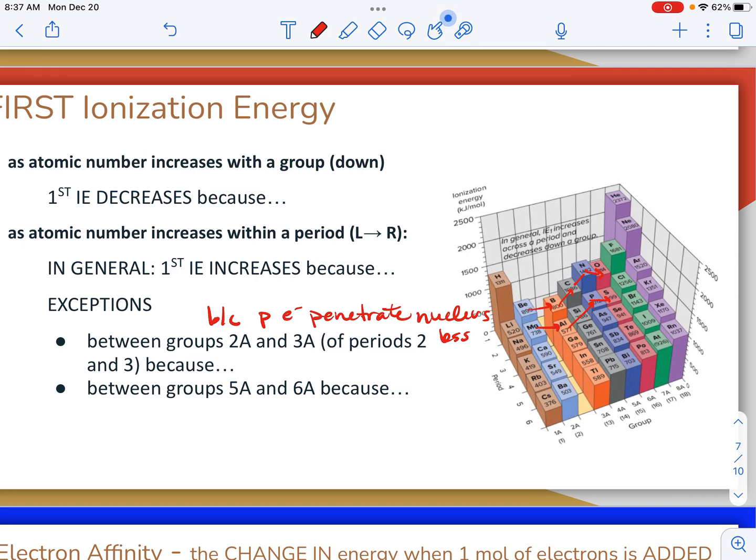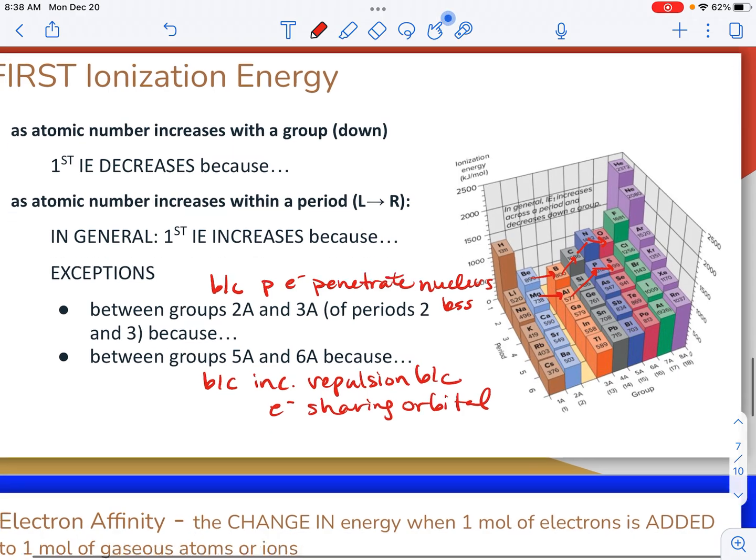Once it's there, now you add a proton, and your comparison is to the same basic idea with an extra proton, so the ionization energy increases. Between groups 5A and 6A, it's going to decrease because of increased repulsion, because electrons are sharing an orbital. Okay, so remember though, those two reasons are different, but you see those two little bumps or glitches in that overall increase across a period.